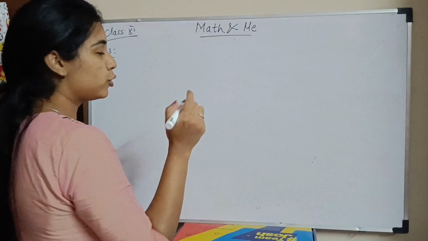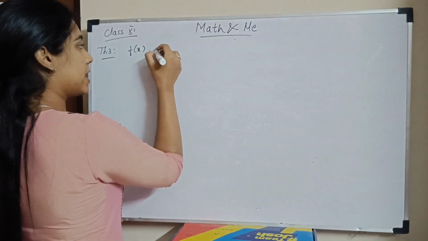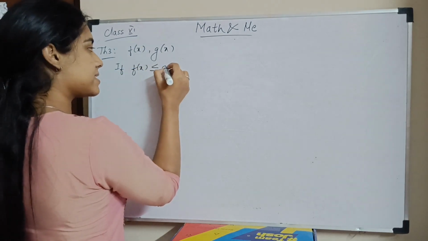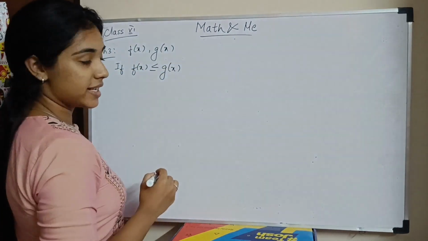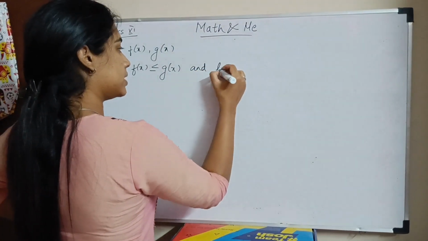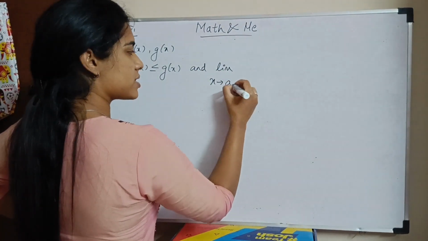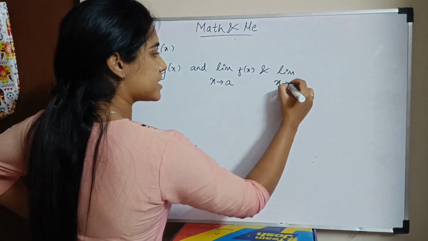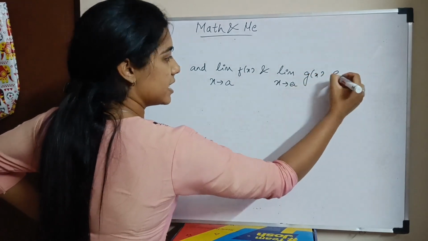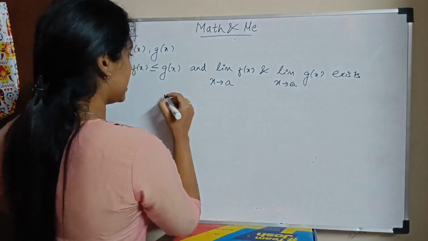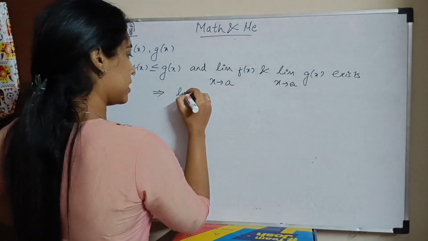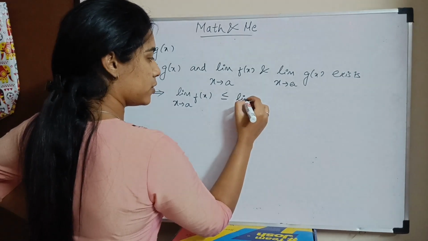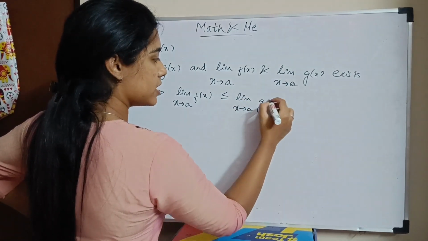Theorem 3. When you have two functions, f of x and g of x, if f of x is less than or equal to g of x, and limit x tends to a of f of x and limit x tends to a of g of x exist, then limit x tends to a of f of x is less than or equal to limit x tends to a of g of x.